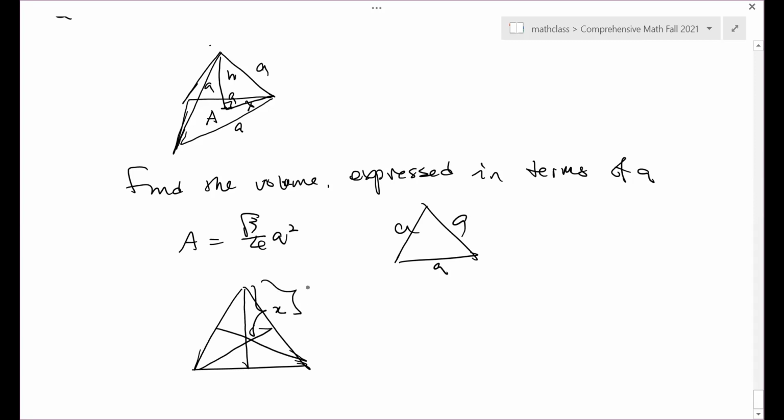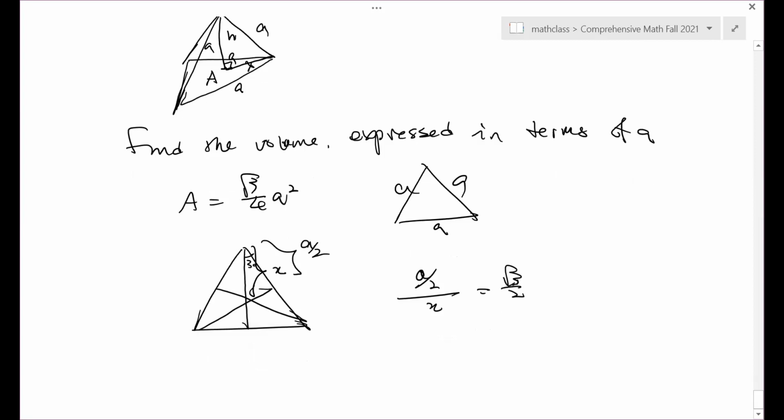This is going to be half of A, right? Half of A over x is going to be √3 over 2. You know why? That is the special triangle, just because this is 30 degrees. In other words, x is going to be 2 over √3 times A over 2, the 2s cancel out, A over √3.